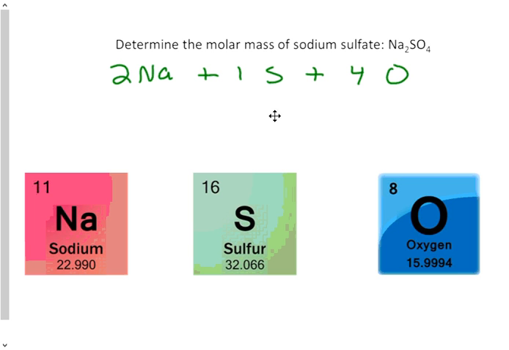So what should that look like? Well, if we go down here, here's sodium. We can round that to 23.0. So we have 2 times 23.0 plus 1 times, well, round that to 32.1, plus 4 times our oxygen, which we're writing as 16.0.